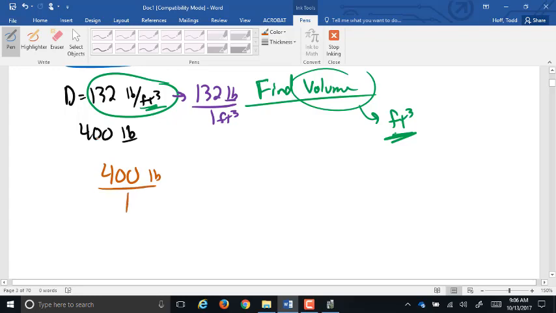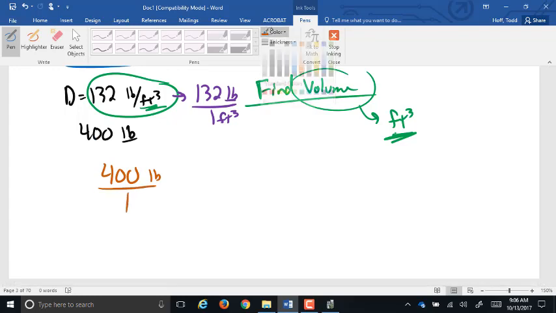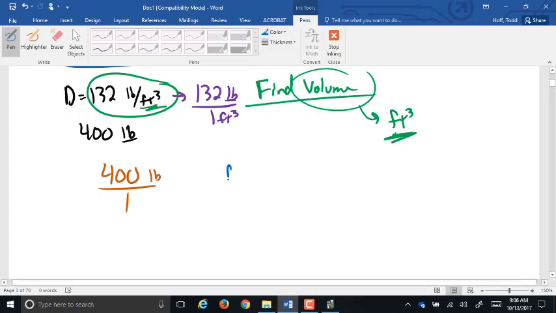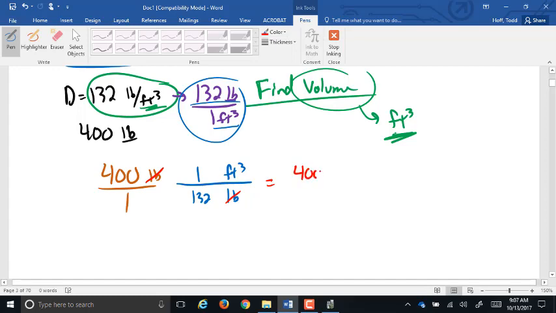If I want to start out with 400 pounds, I want to have my cubic feet on top, so I've got to have pounds on the bottom. 132 pounds is 1 cubic foot. That density can also be thought of as a conversion factor: 1 cubic foot equals 132 pounds. The pounds cancel each other out, and I'm left with cubic feet. So that's 400 cubic feet over 132. You divide it out to get the 3.03.